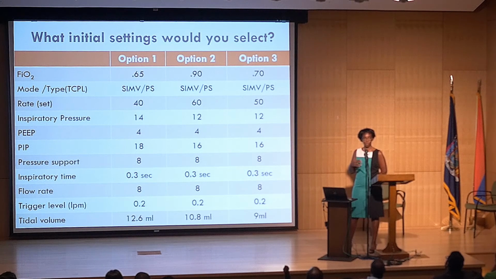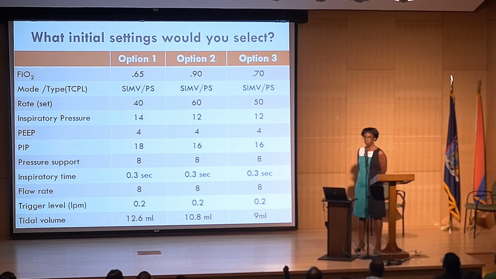And sometimes as respiratory therapists, we disagree on which type and which mode of ventilation would work best for a particular baby. So I just started with time cycle pressure limited, and I put the mode of SIMV and pressure support for all of them. Right. So in terms of options for our particular baby, the baby last was on 60% nasal CPAP of 6.